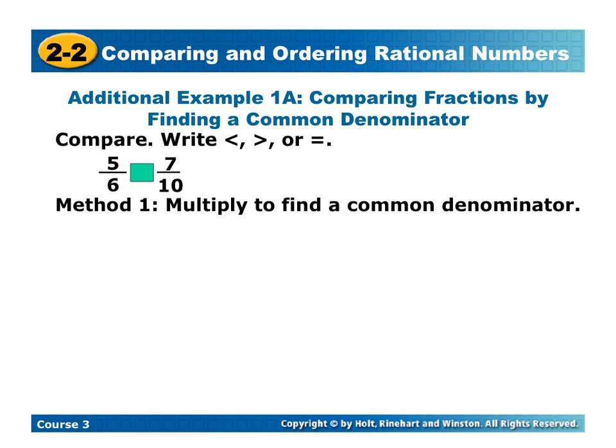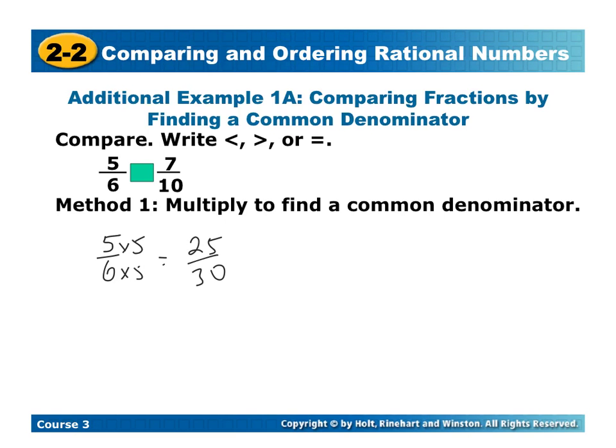Now let's take a look at comparing fractions by finding a common denominator. So for example, if we're comparing 5 sixths and 7 tenths, we're going to find a common denominator. Well, with 5 sixths and 7 tenths, 60 would be a common denominator, but a smaller one would actually be 30. So to change 5 sixths to 30, I'm going to multiply the top and the bottom both by 5, in which case I have 25 thirtieths.